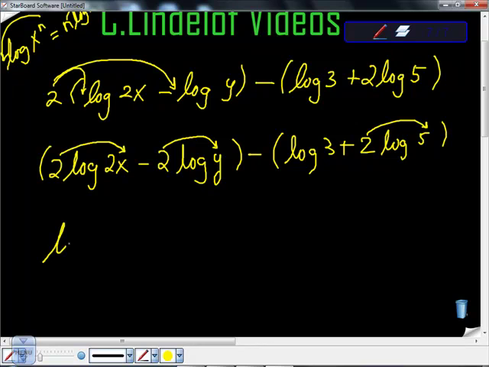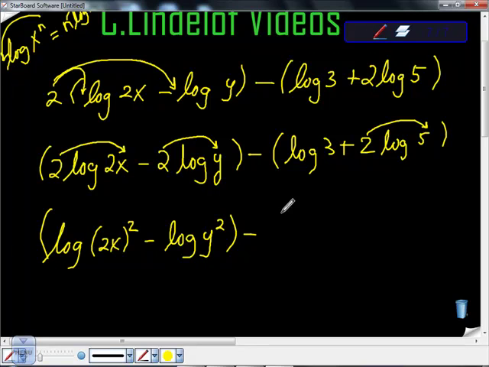Let's take a look at what that would look like. It would look like log of (2x) squared, really important, minus log of y squared, minus log 3, plus log of 5 squared. Can you see what I'm doing here? I'm just trying to be as systematic as possible.